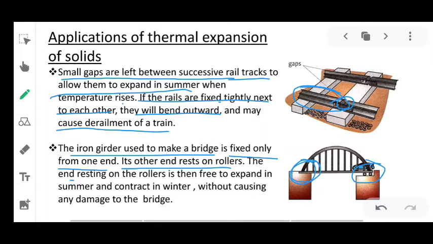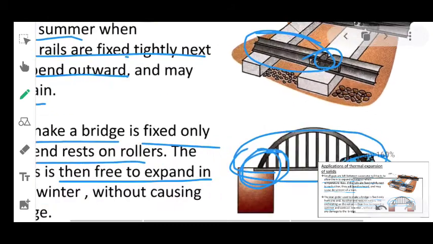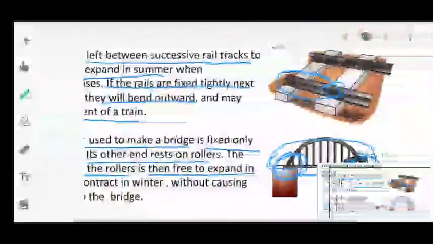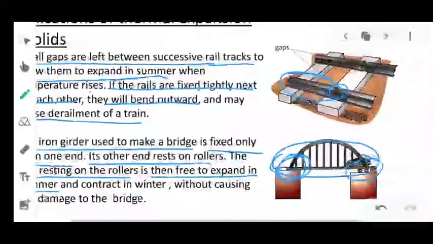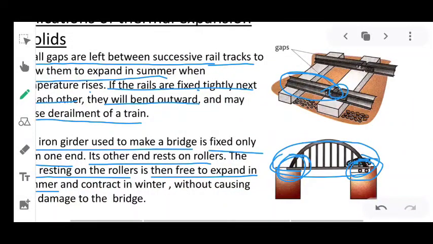The end resting on the rollers is then free to expand in summer. So this iron girder starts expanding when the temperature rises in summer, and the end which rests on rollers helps the iron girder to expand.